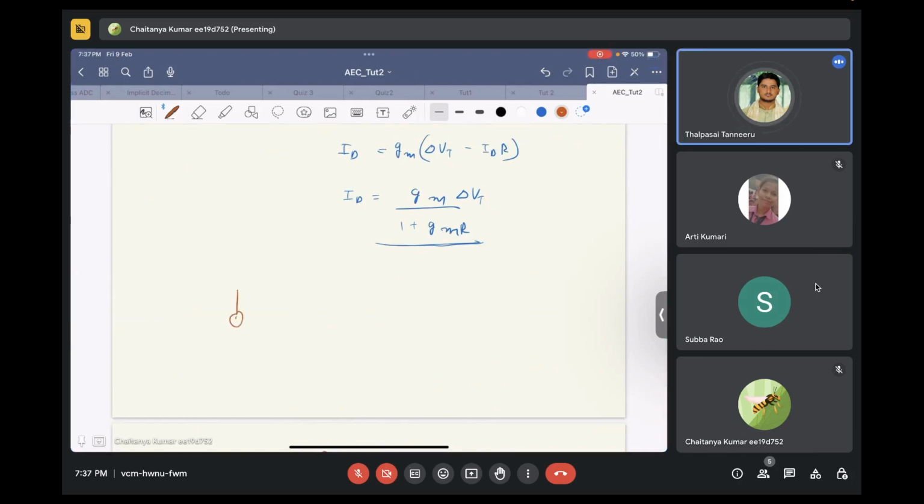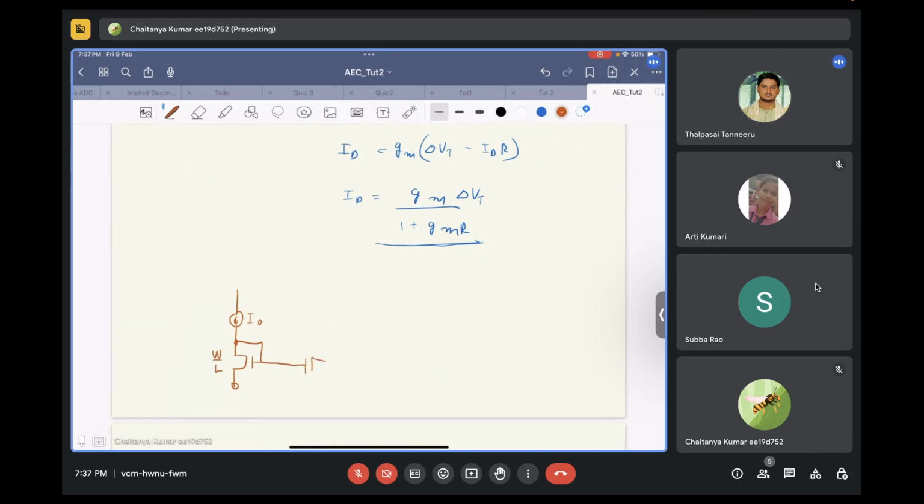Let's say this current I naught was being pushed into the diode connected transistor that has a W by L aspect ratio, and this goes to another transistor that has 2 W by L aspect ratio. So here the current will be 2 I naught. So you can copy the current in multiples.